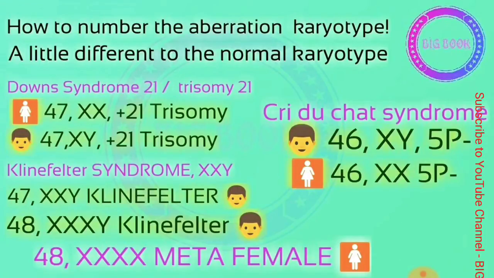Because only a part of the chromosome is absent or lost, all 46 chromosomes will be mentioned, and further the sex of the individual will be mentioned, that is XY, and the fifth chromosome on the P arm, the negative sign will be mentioned, that is 46 XY 5P minus. In the same way, for the female, 46 XX 5P minus will be mentioned.